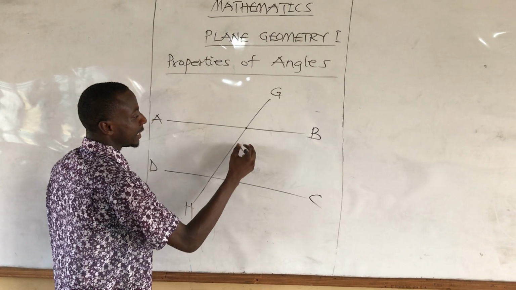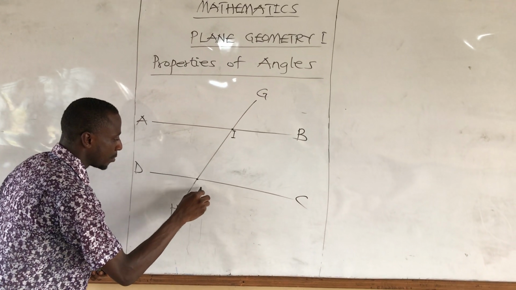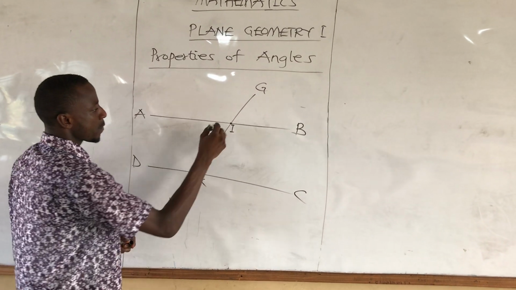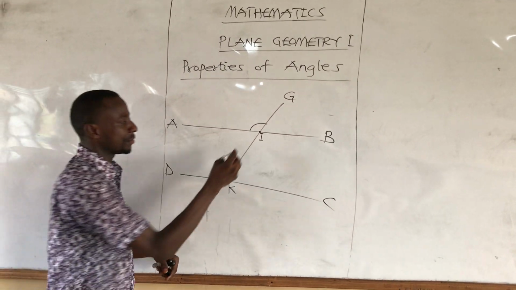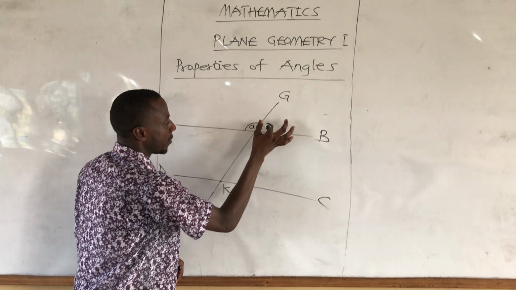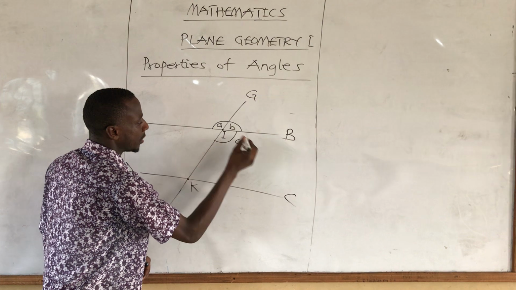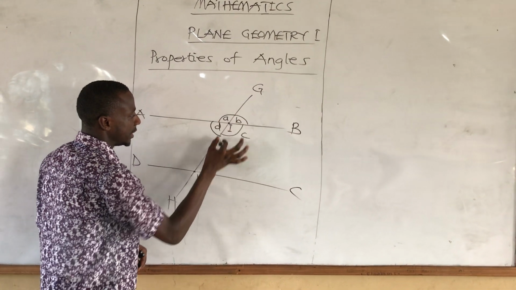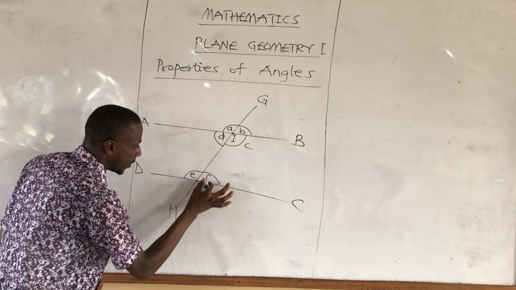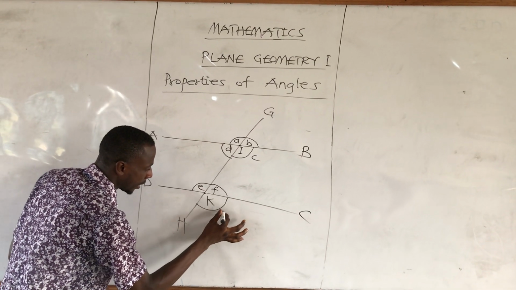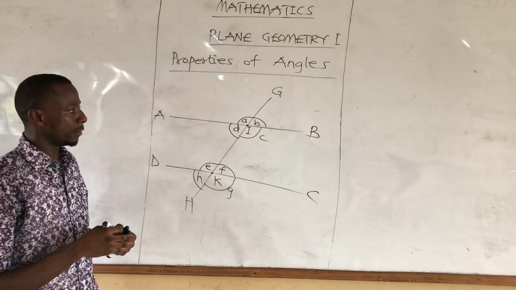So let's name this point I, and I'll name this point K. If that's the case, an angle can be formed here. So angle A, another angle here, angle B, angle C, angle D. We have angle E, angle F, another angle here, angle G, and then angle H.